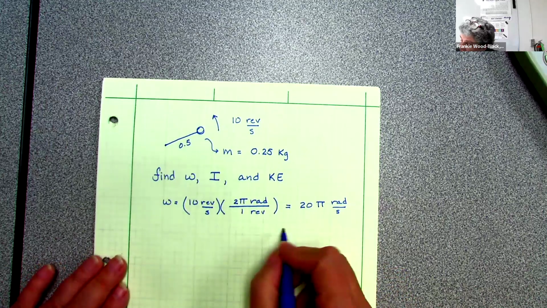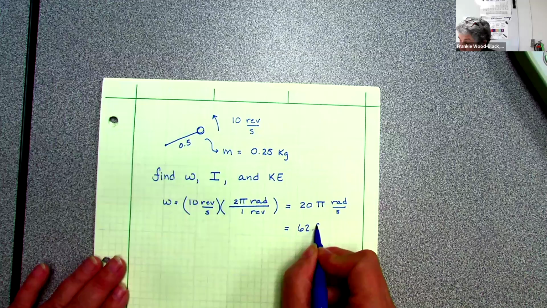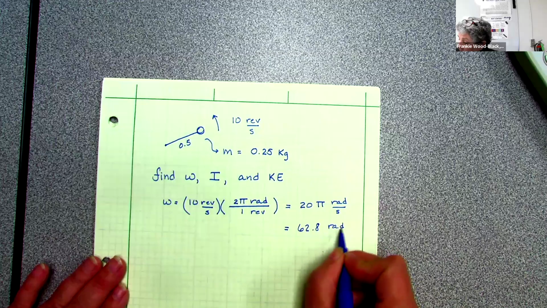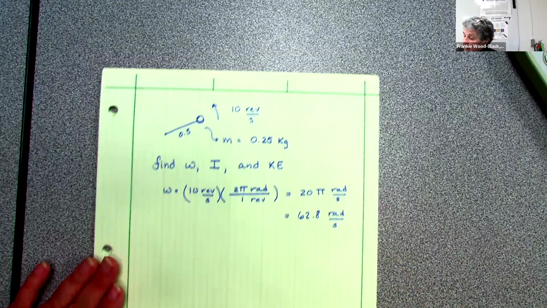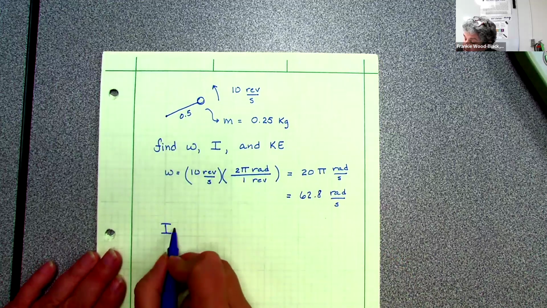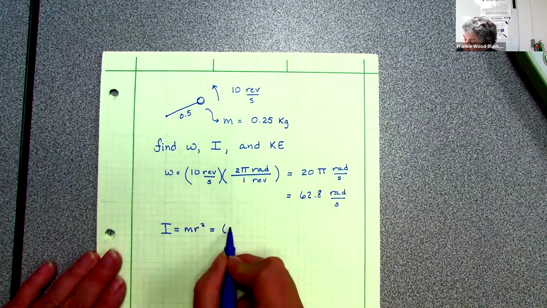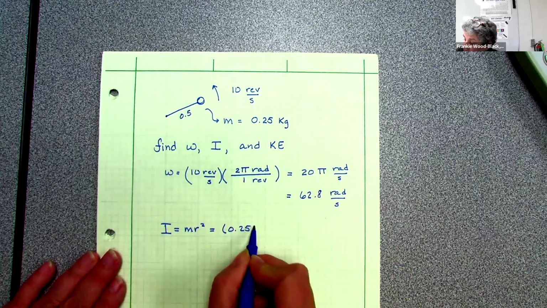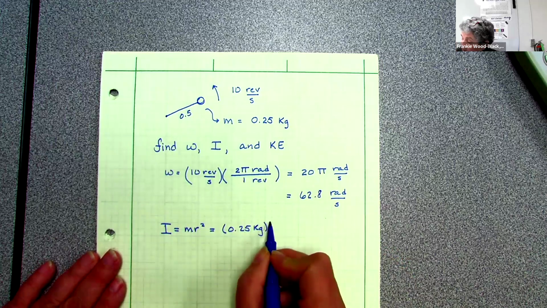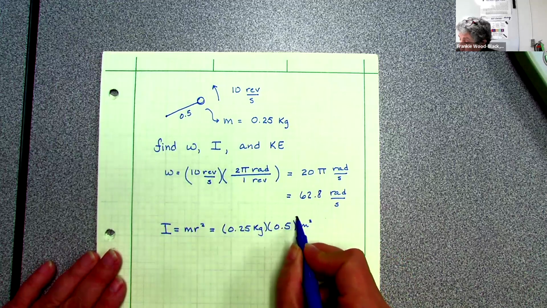And if you want to calculate that out, that's going to be 62.8 radians per second. Now, my moment of inertia for this system is I equal to mr squared. We have our mass is 0.25 kilograms, and our radius is 0.5 meters squared.